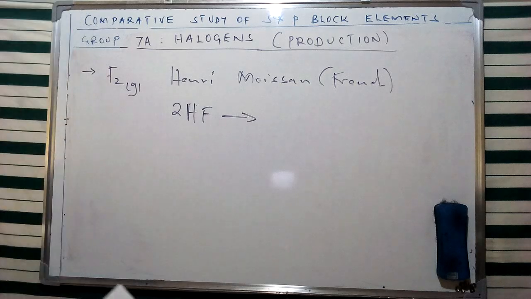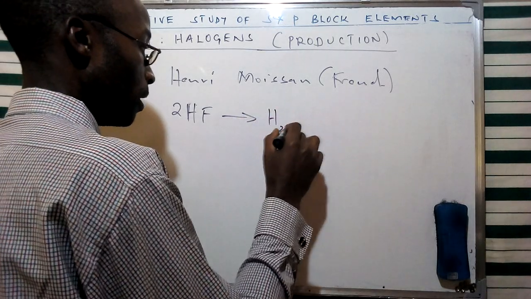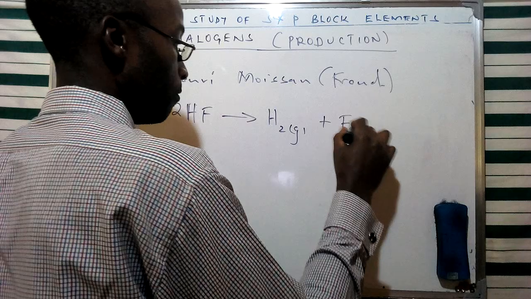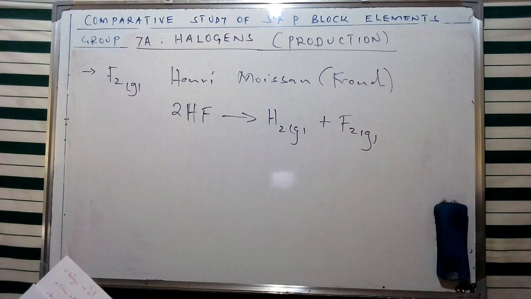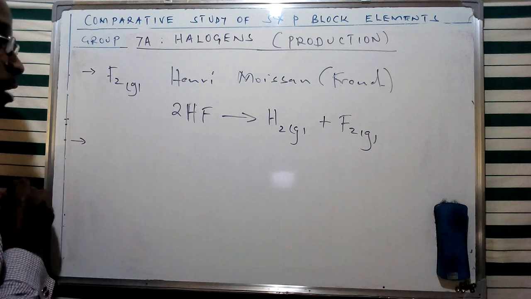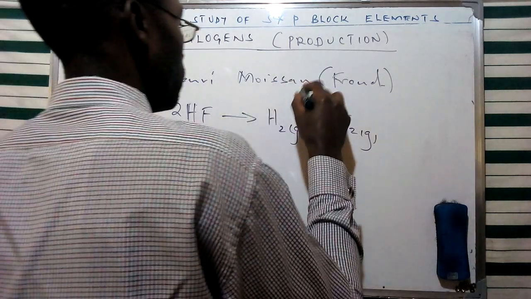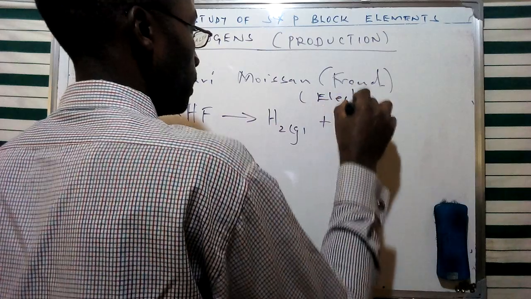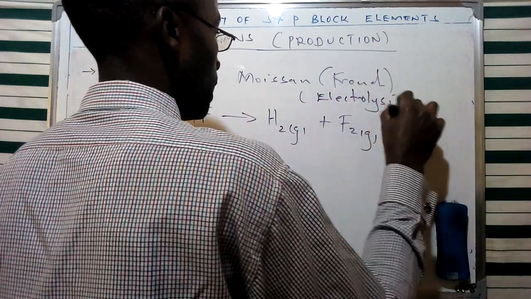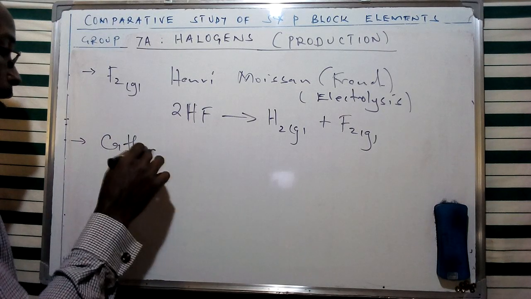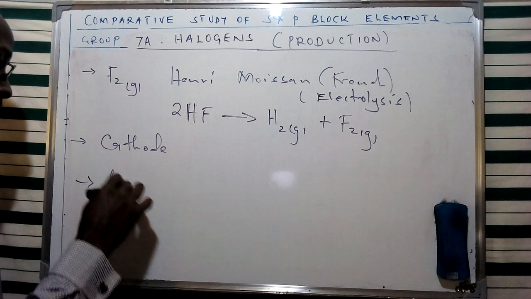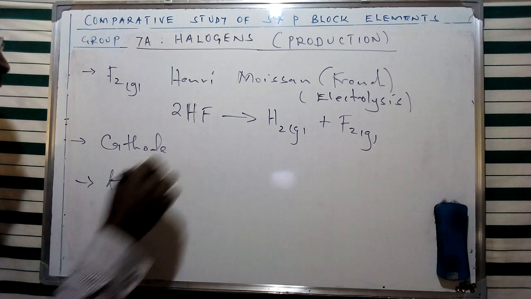So we're going to have a general equation for this one whereby there is a production of fluorine and hydrogen gas given as such. In this particular case, we're going to see that this general reaction can be given in terms of the individual reactions that are going to appear. So this is going to be obtained through the process of electrolysis. And in this case, therefore, we're going to have reactions at both the cathode and anode, so that we can see how these individual gases are going to be produced.